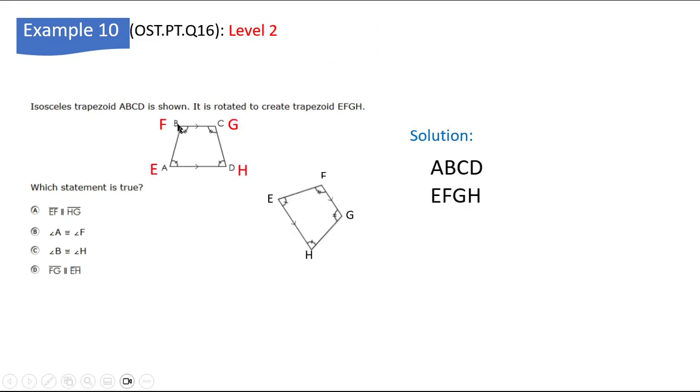Put EFGH here. It will be a lot easier. Or you can trace this figure on a paper and put it on the side here, rotate it this way, you can see what's going on. But this is maybe an easier way of doing it. So put E, F, G, H. And now look at the questions. Is EF parallel to HG? No. See how you see it really quickly here.